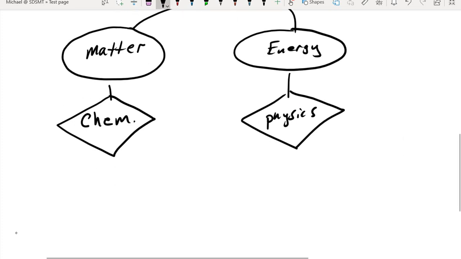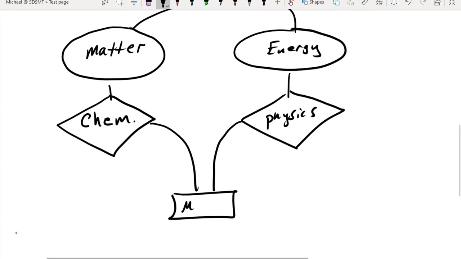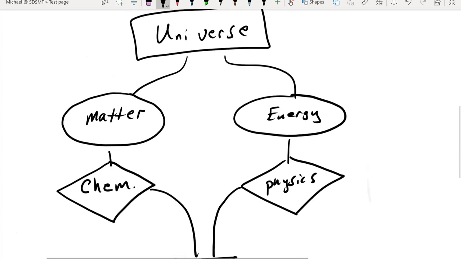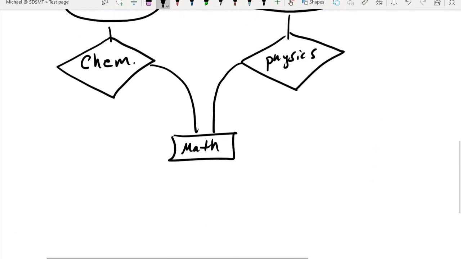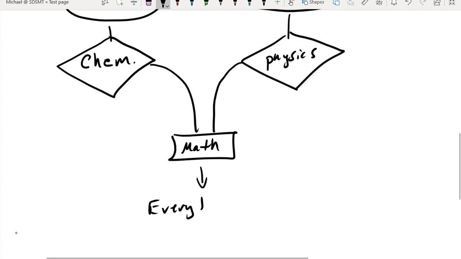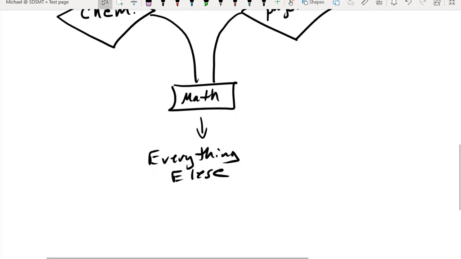And then, after you've taken a bit of chemistry and a bit of physics, we combine the two using mathematics as the universal language, and you have the ability to now study everything else.